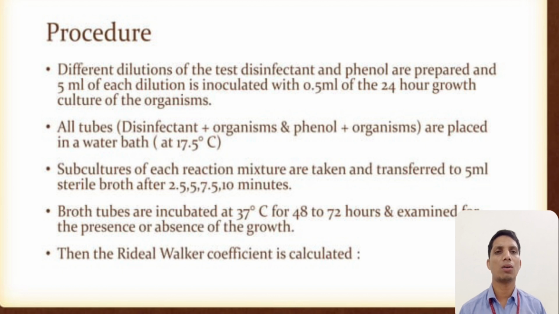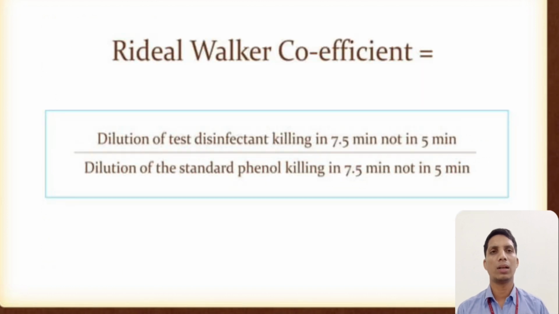Then the Rideal-Walker coefficient is calculated using the formula: the dilution of the test disinfectant killing in 7.5 minutes but not in 5 minutes, divided by the dilution of the standard phenol killing in 7.5 minutes but not in 5 minutes.